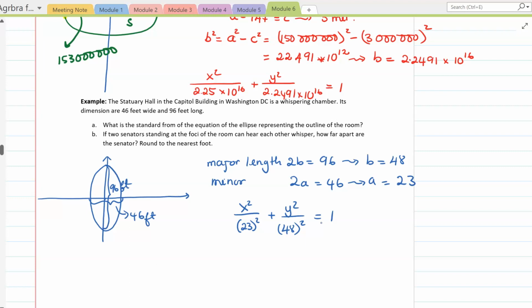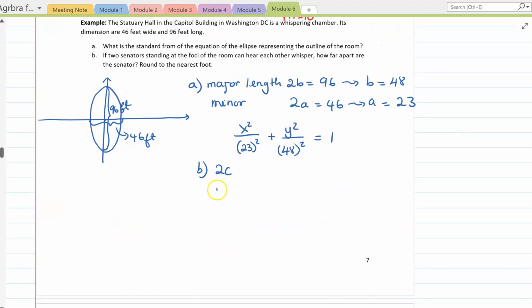If two senators stand at the foci of the room and can hear each other whisper, how far apart are the senators? Okay, so how far apart are the senators, we're talking about the distance of the two foci. So in part b, we want to find 2c. So 2c, that is our goal. So c squared is equal to b squared minus a squared.